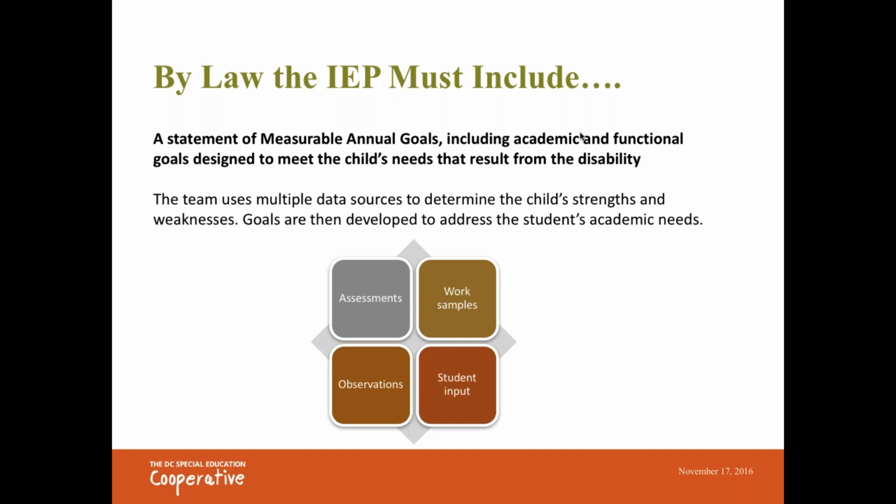So the team uses multiple data sources to determine strengths and weaknesses, and we said that those are outlined in the present level of functional and academic performance, and then the goals are developed accordingly. So the goals are developed to address the student's needs. Those multiple data sources might include tests, work samples, student input, observations, parent input.